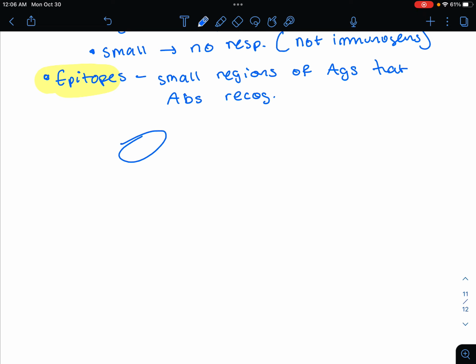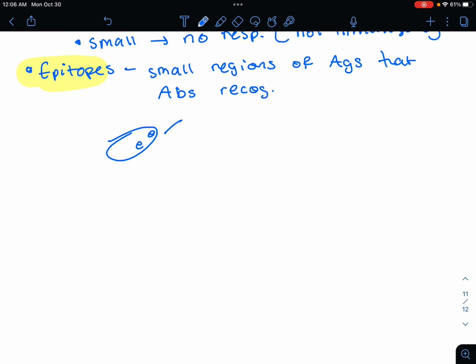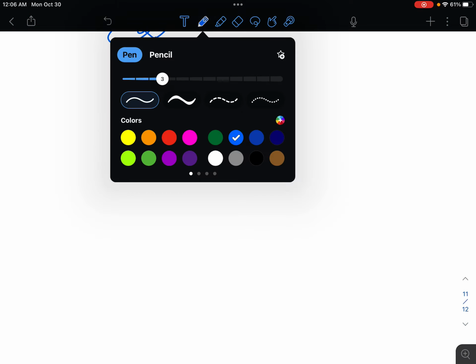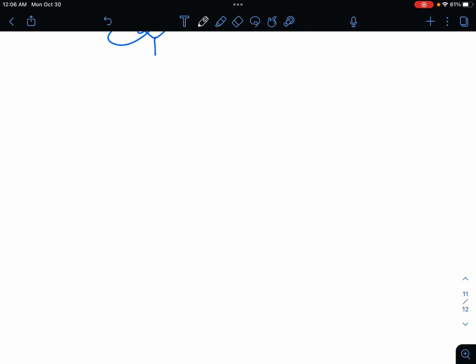So if we have this big bacterial cell here, and we have these epitopes all over it, when we have the antibodies introduced in the system, like so, they're only going to attach to that epitope that they're specific to. Alright, let's talk about the structure and the properties of the antibodies.